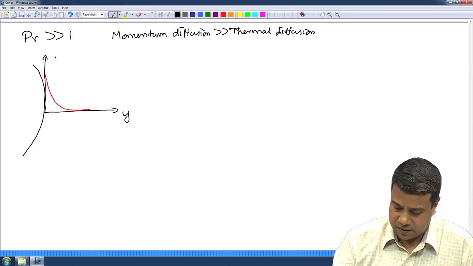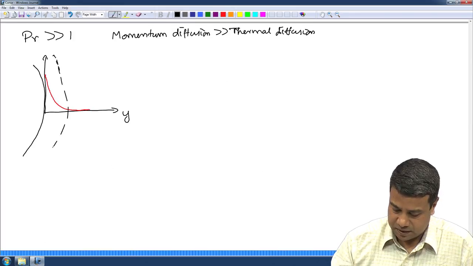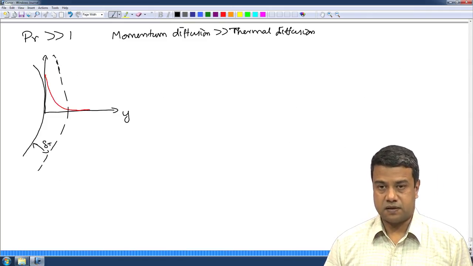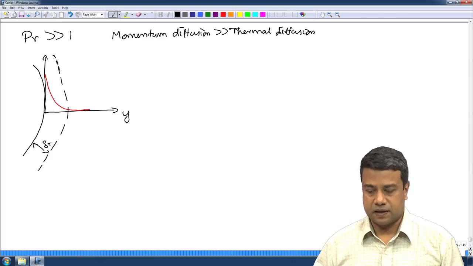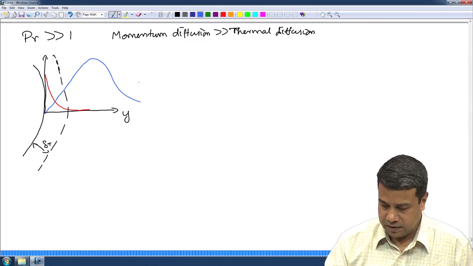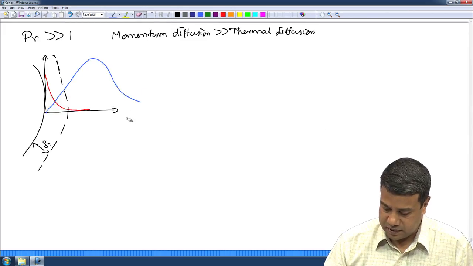And the thermal boundary layer thickness would look something like this. Whereas momentum diffuses much faster, so it goes out to a much larger extent. And the velocity field you would expect should go something like that. The momentum boundary layer thickness is much larger.